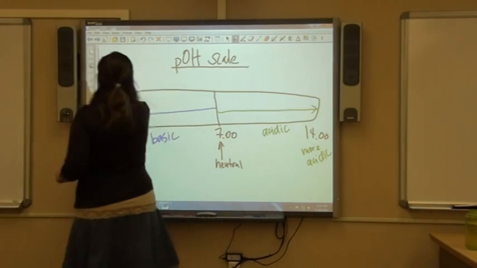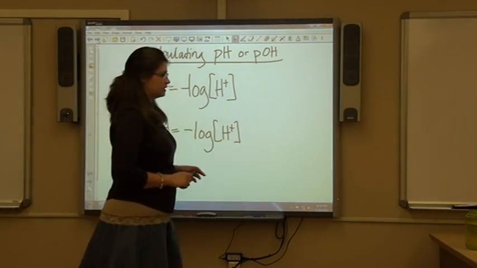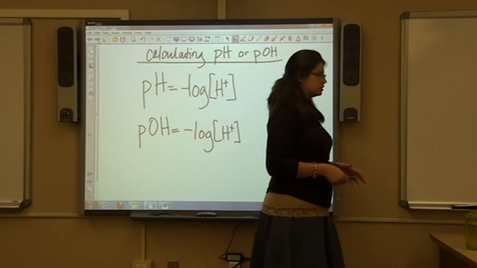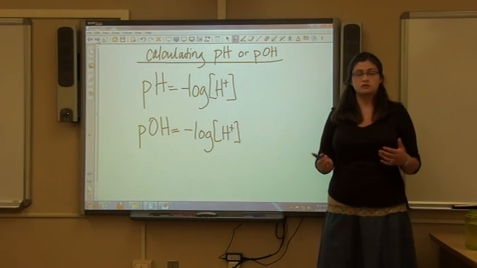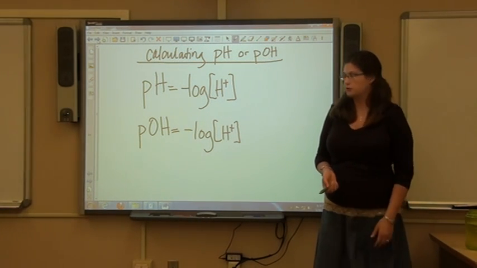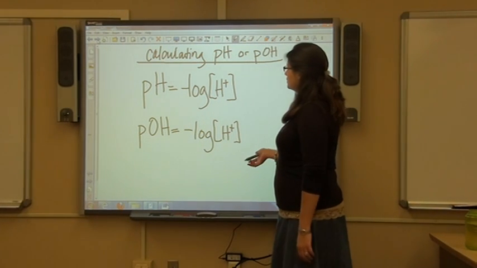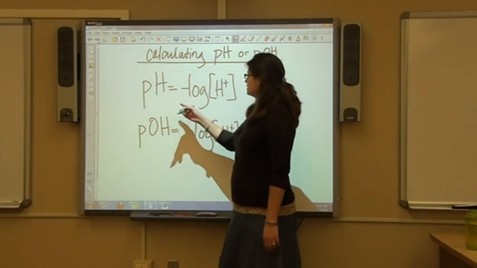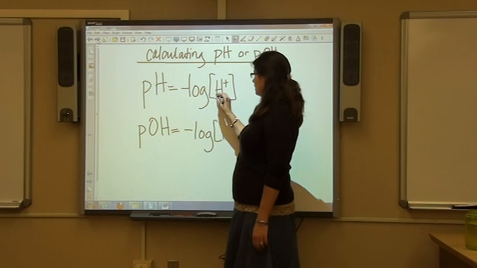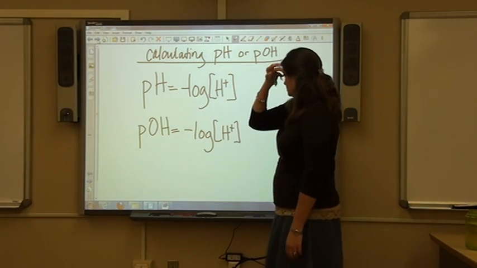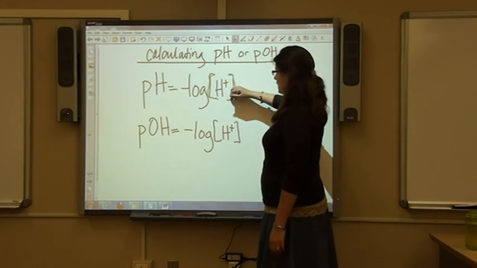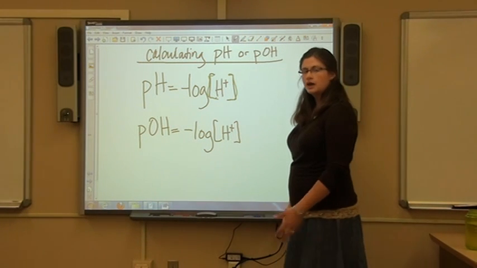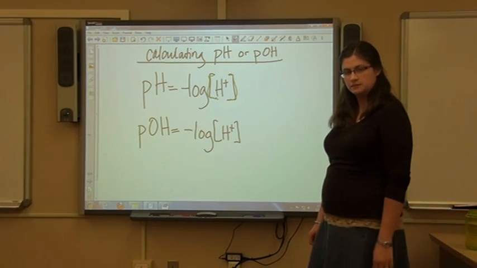Okay, so how can we calculate pH or pOH? We need to know a little bit of information about our compound that we're calculating for. So this is the formula. You're going to take the negative log of the H plus concentration. Remember that those brackets mean concentration of. So the concentration of the H plus in the solution.